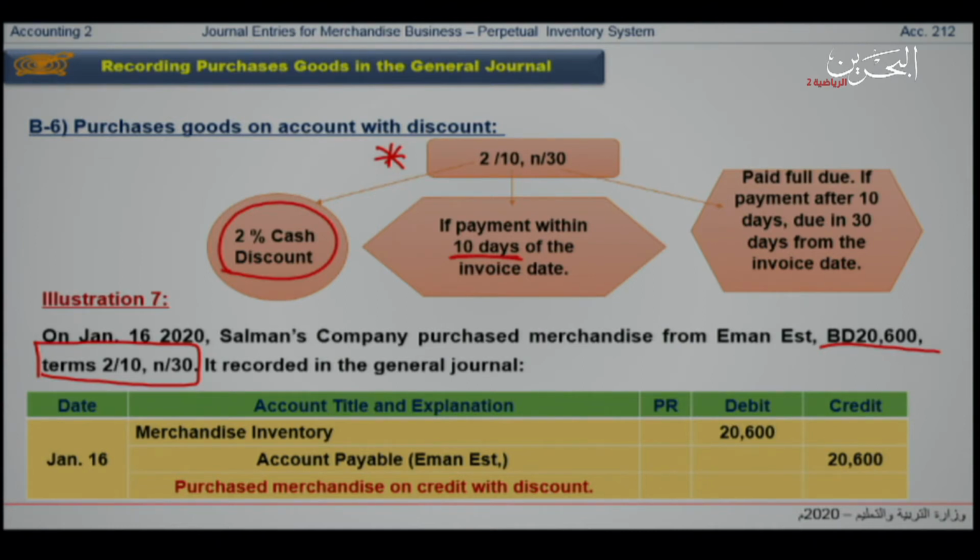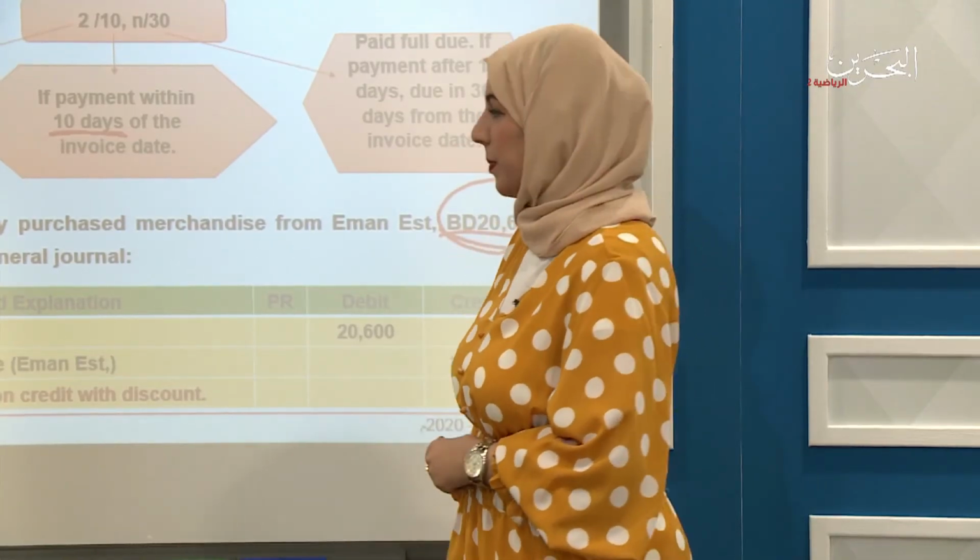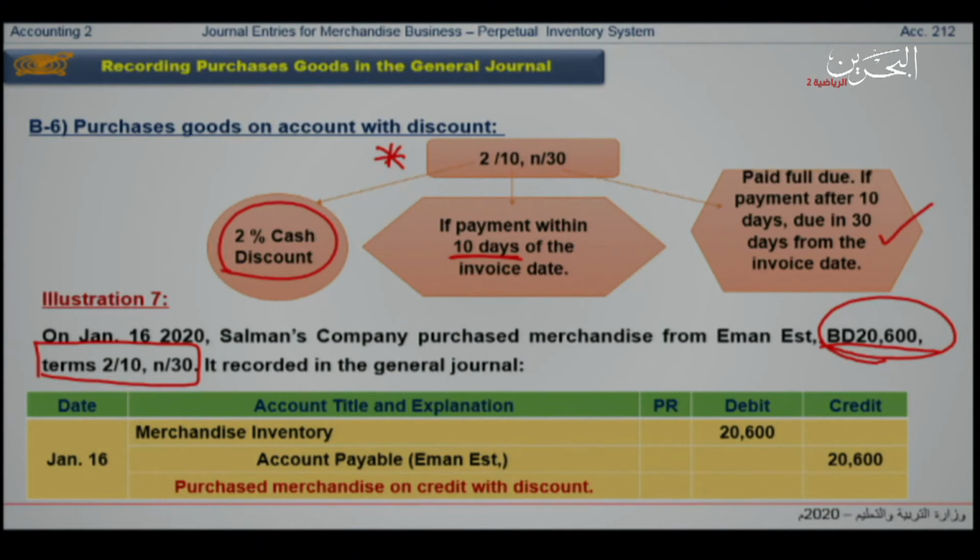If I make the payment after finishing the 10 days until 30 days, I should pay the full amount without any discount. So, in our example, firstly, I purchase merchandise with an amount of 20,600. Let us write the purchase transaction.